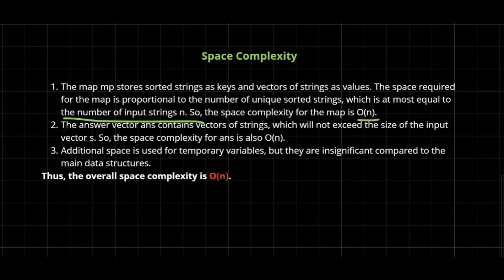And the answer vector contains vectors of strings, which will not exceed the size of the input vector s. So the space complexity of answer is also O(n) in the worst case. And additional space is used for the temporary variables, but they are insignificant compared to the main data structures. So we can say that the overall space complexity of this program is O(n).